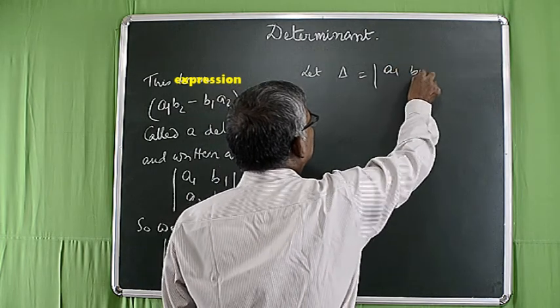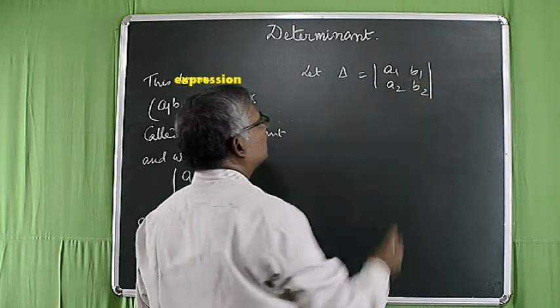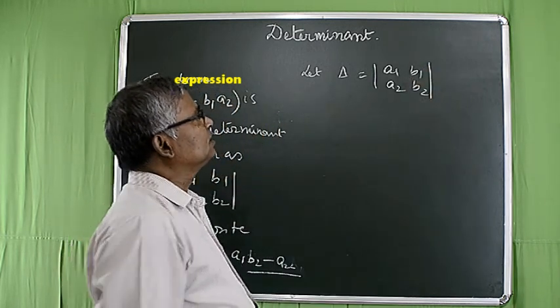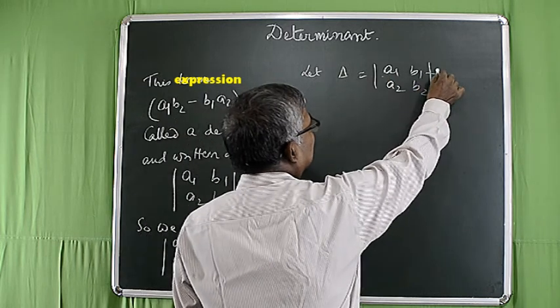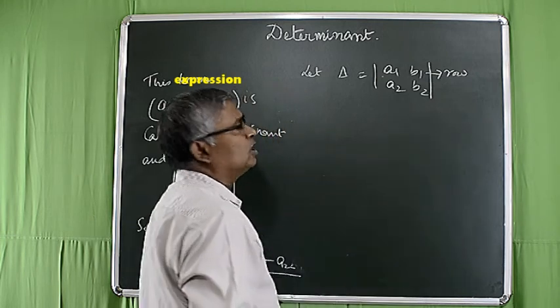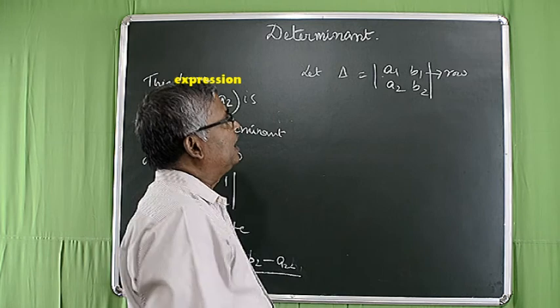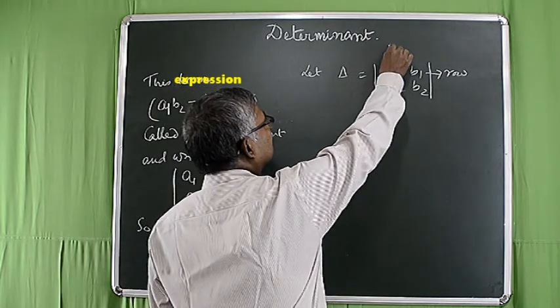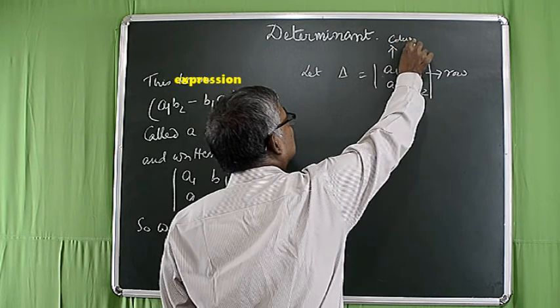a1 b1 a2 b2. Students, clearly all the elements in a horizontal line are called rows. You have already learned this in matrices, and all the elements in a vertical line are called columns.